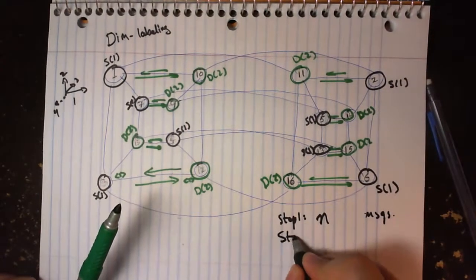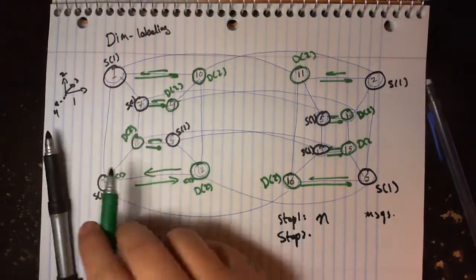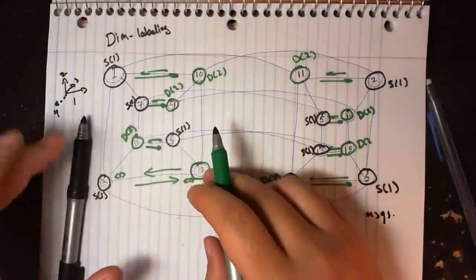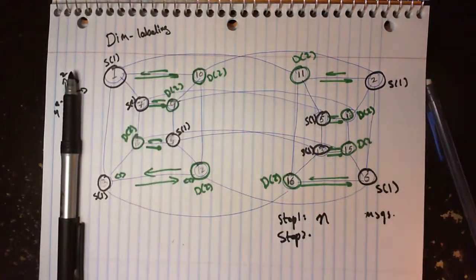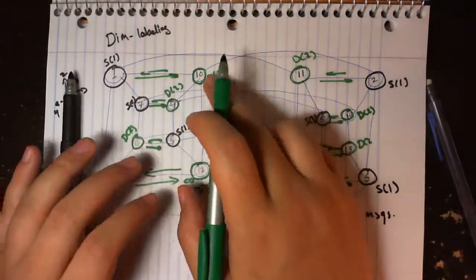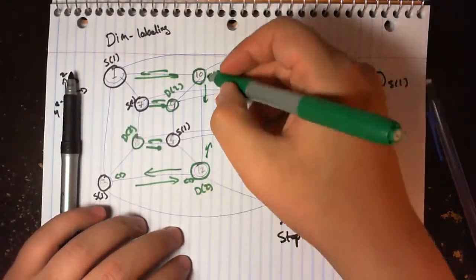Okay, let's do step 2. In the second dimension, these two don't send messages. We're left with only 8 nodes that send messages, the winners. So this guy sends an attack, this guy sends an attack.